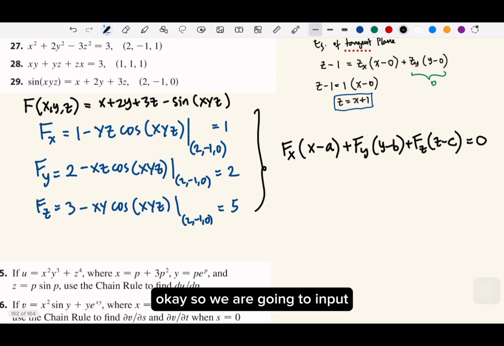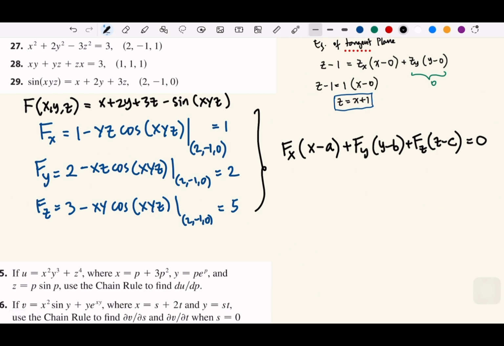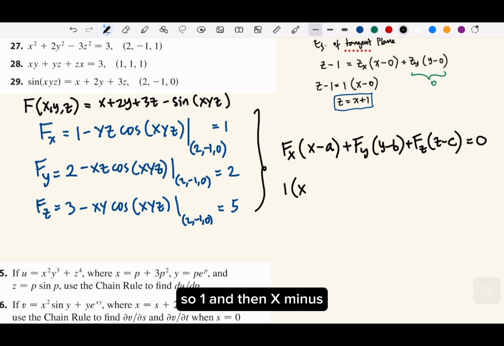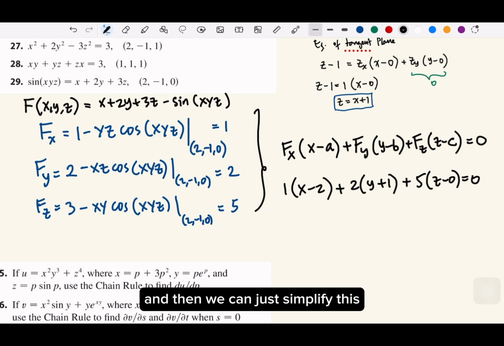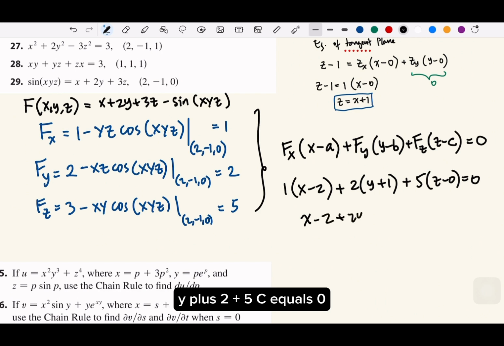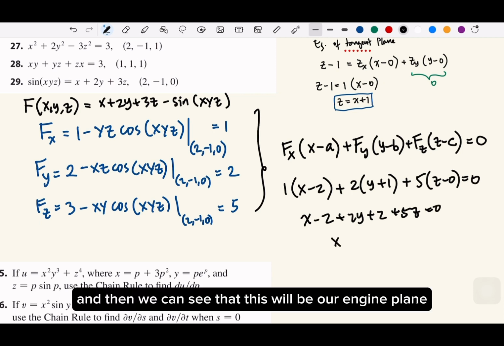Now we input all the numbers that we have. So 1 times x minus 2, plus 2 times y plus 1, plus 5 times z minus 0. Then we can simplify this: x minus 2 plus 2y plus 2 plus 5z equals 0. And we can see that this will be our tangent plane.